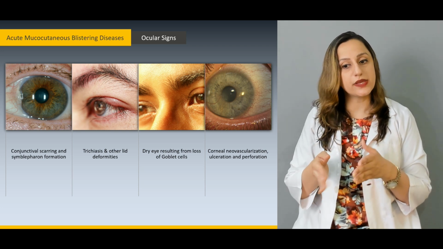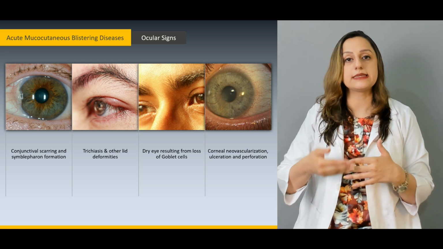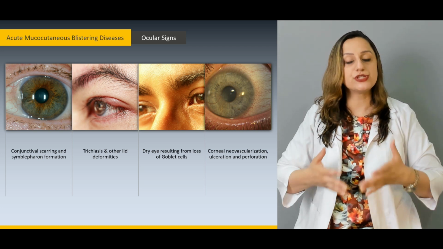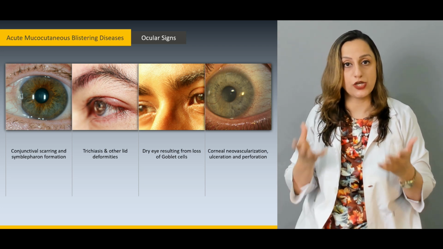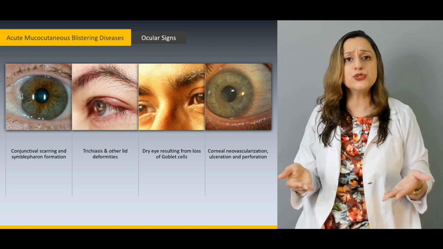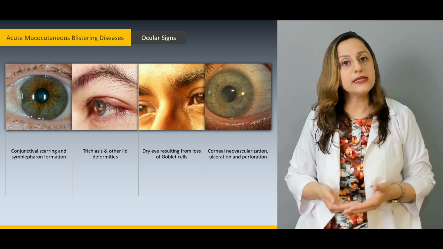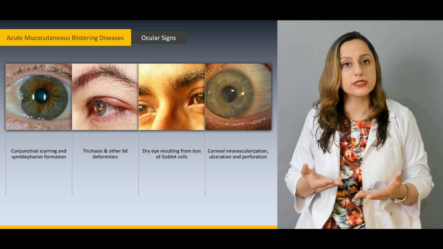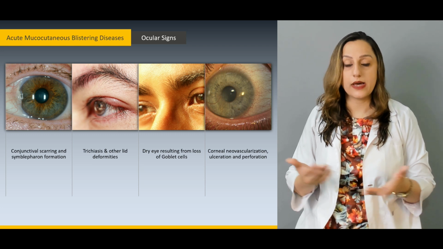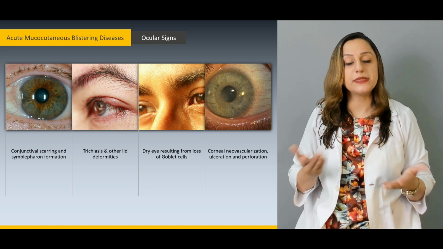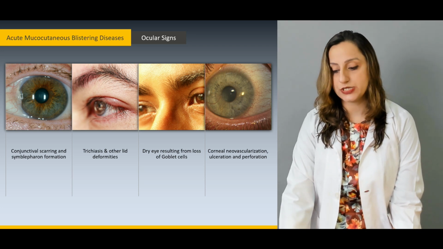Then the patient can have corneal neovascularization and ulceration, as well as keratitis involving the cornea. Due to all of these conditions, including ulceration, there can be permanent perforations at the corneal level. As a result of all these complications, the patient suffers a massive decrease in visual acuity as well.